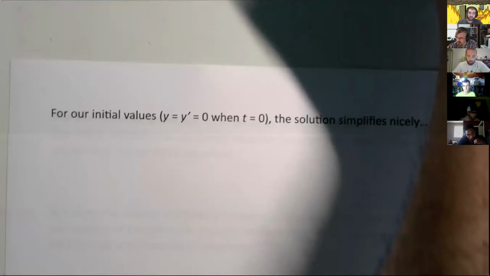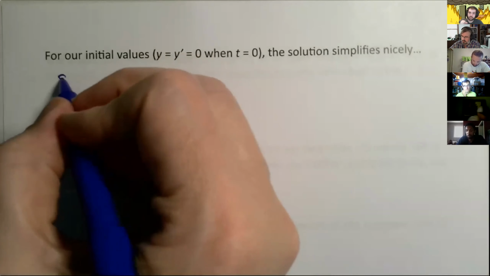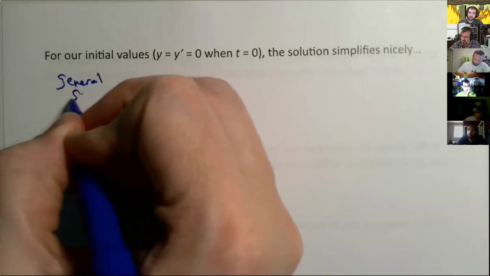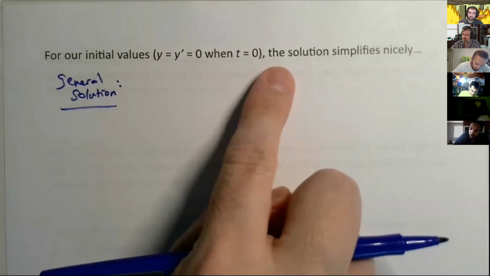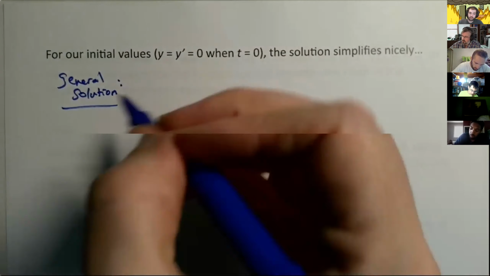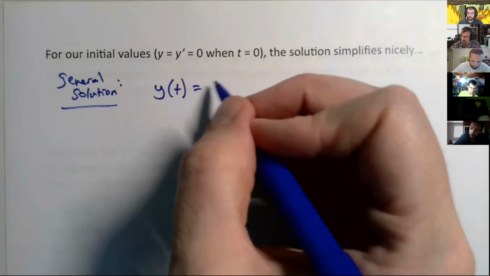So on the next page, for our initial values, we can actually proceed to figure out what's going on with our general solution. So if we're looking for our general solution for these particular initial conditions, we're going to start with our general y of t, and this is from previous pages.